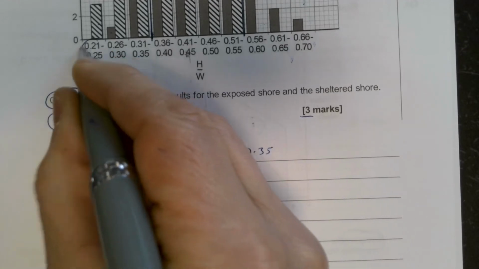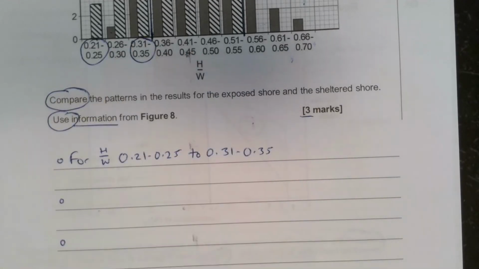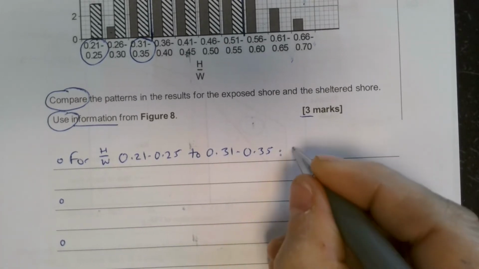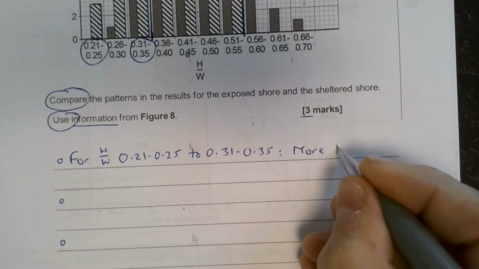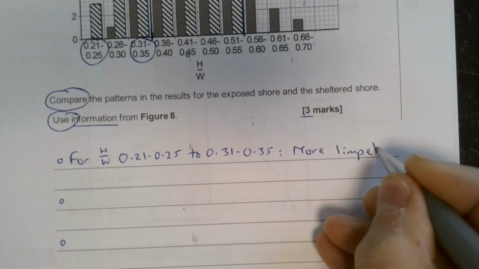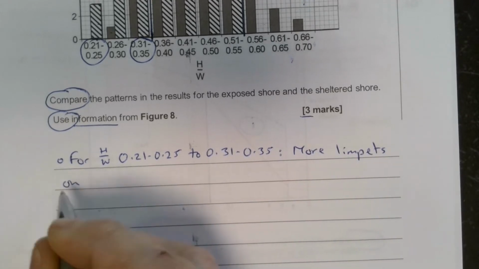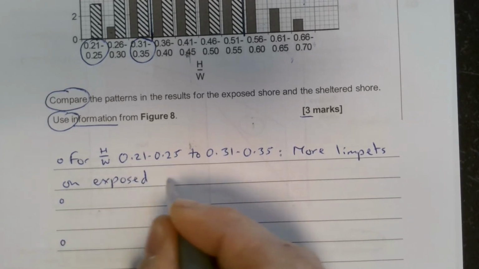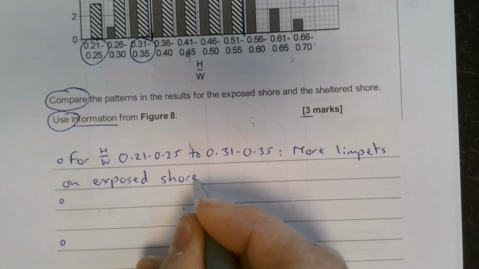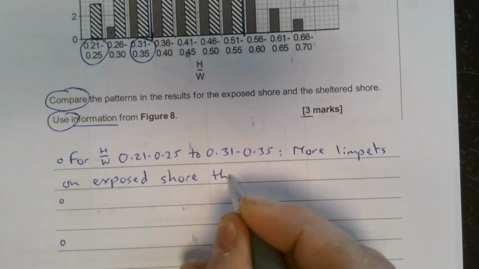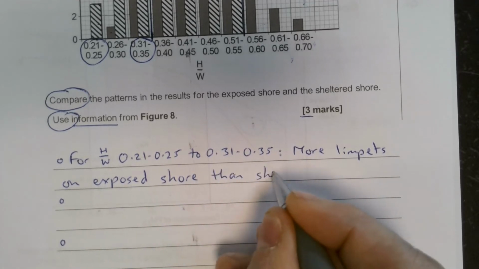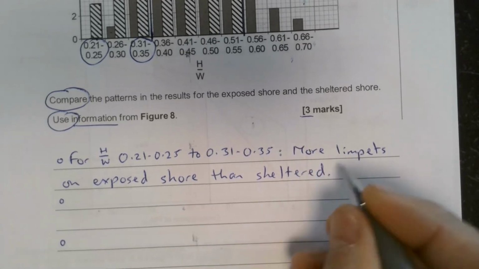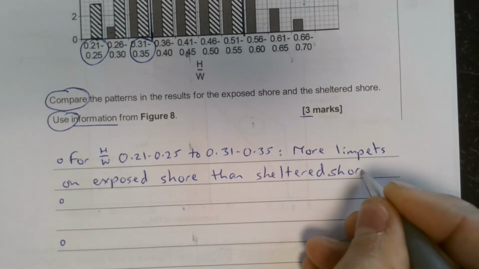So that's from here to here on the graph. I'm going to put a colon. There are more limpets on which one? Exposed shore than sheltered shore.